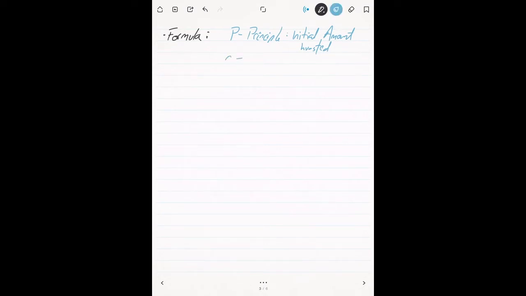So I'm going to use the symbol R for rate, or the interest rate. This is the percentage of interest earned on the principal.